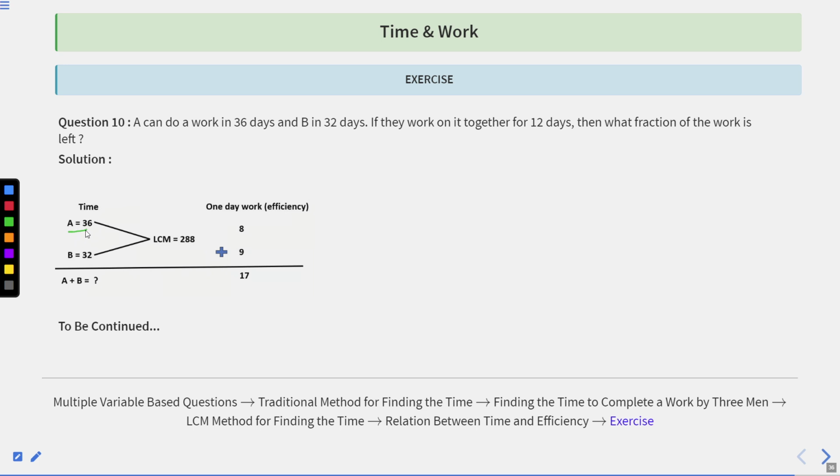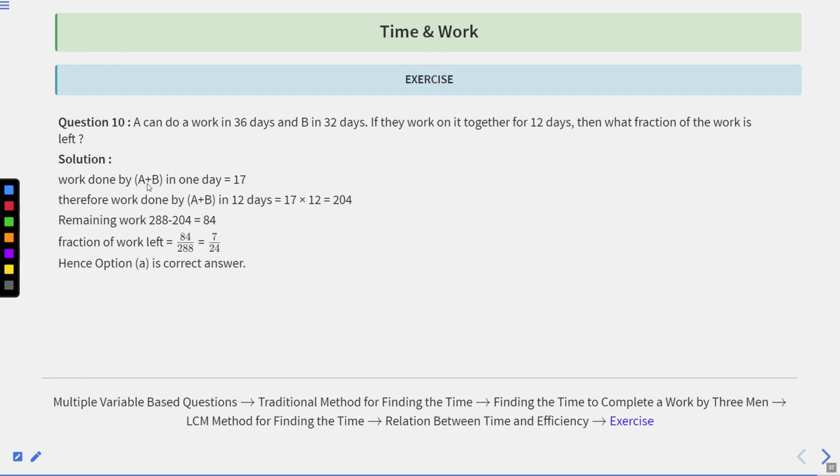So that's what we have to find. A equal to 36, B equal to 32. So the LCM of 36 and 32 will be 288. So 1 day work efficiency of A is 288 divided by 36, that is 8. 1 day work efficiency of B is 288 divided by 32, that is 9. So the 1 day work efficiency of A and B together is 17. So the work done by A plus B in 1 day is 17.